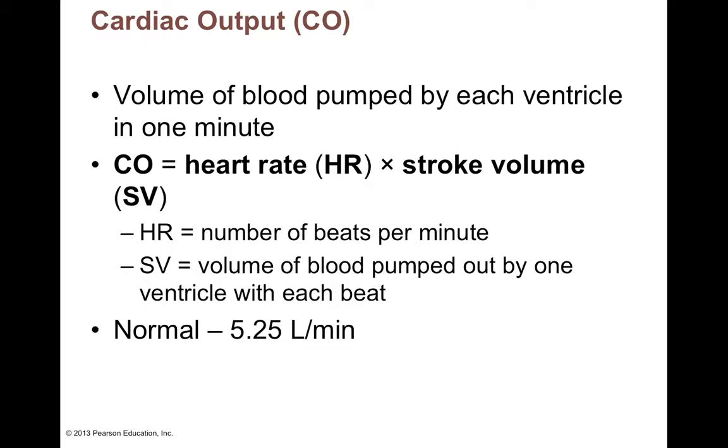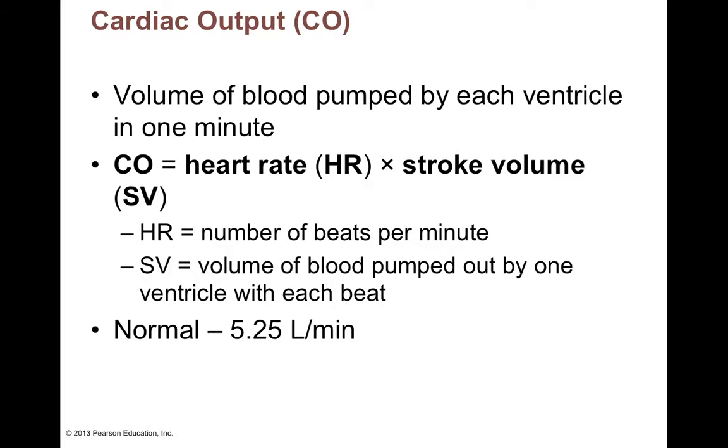Well, based on the name, it sounds like something to do with blood flow out of the heart, right? And so cardiac output translates to the volume of blood that your heart pumps out in 1 minute. And the way you calculate this is heart rate times stroke volume. So heart rate is beats per minute.